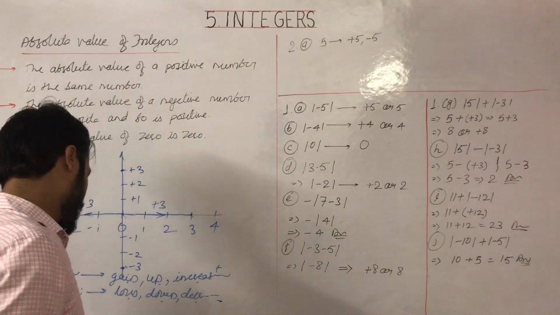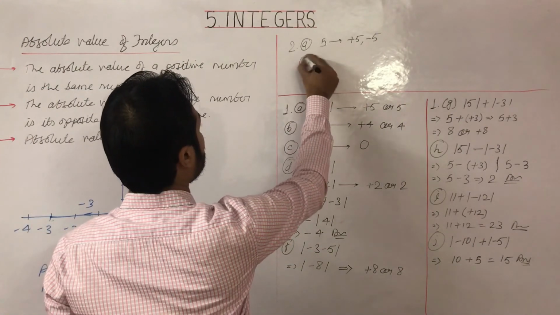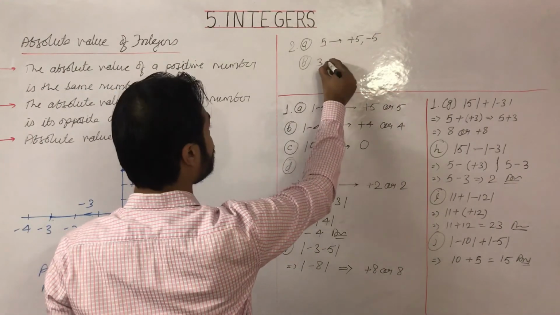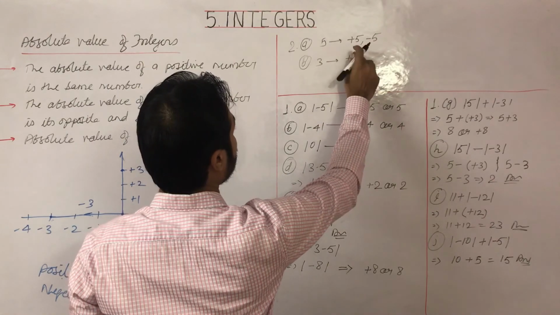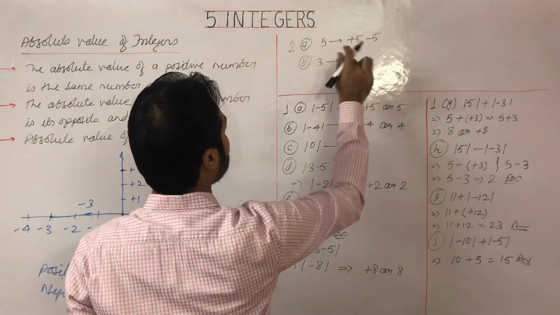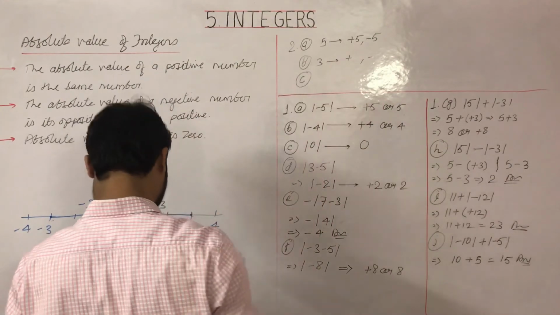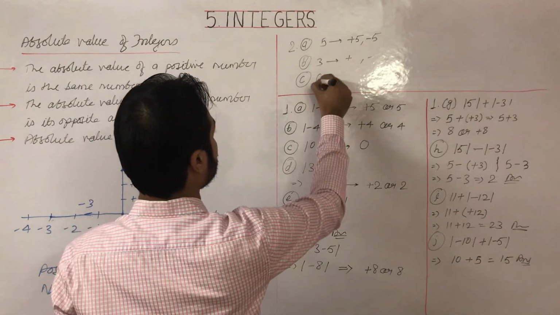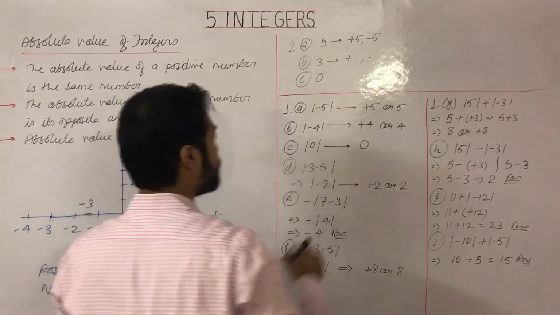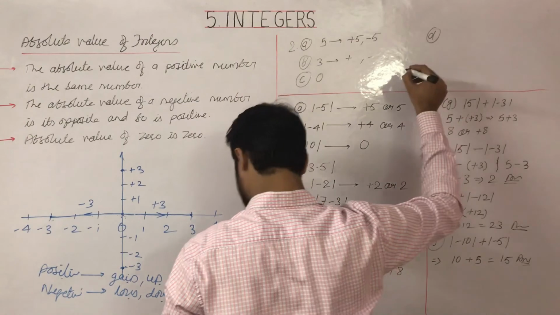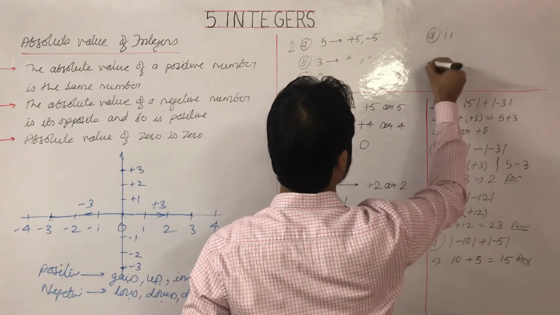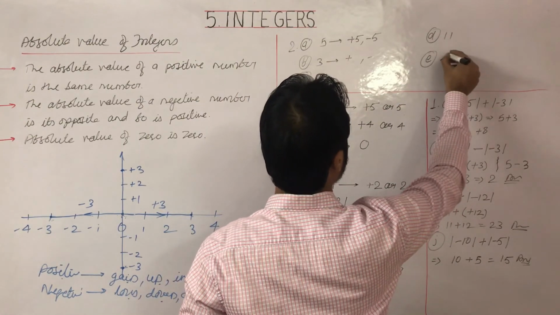Similarly, in all the problems, just write the positive and negative of that number. Part C is 0, then part D is 11, and part E is 4.